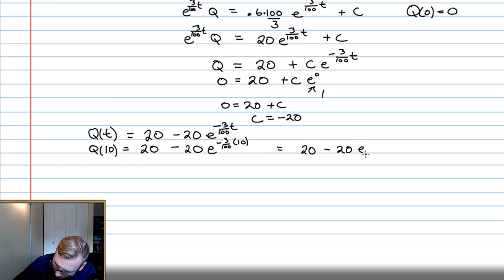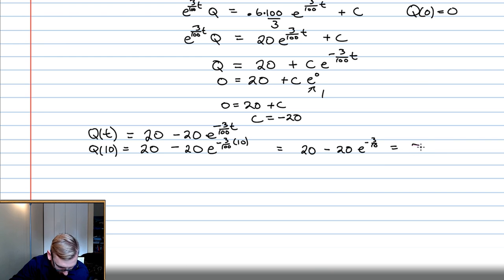We get e to the negative 3 over 10, or e to the negative 0.3, which equals what? Let's plug it into a calculator. 20 minus 20 times e to the negative 0.3.